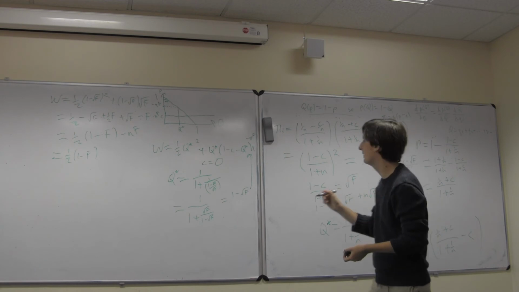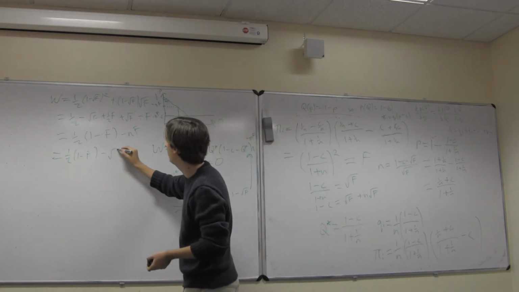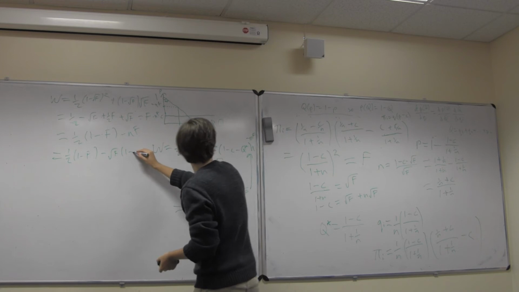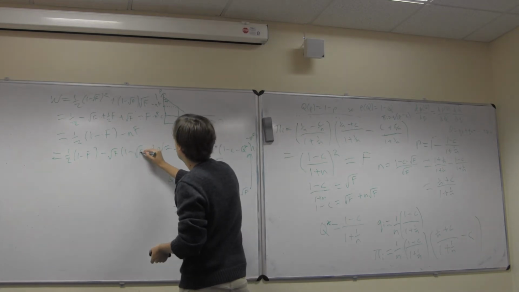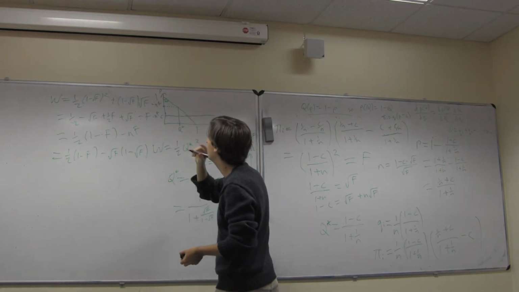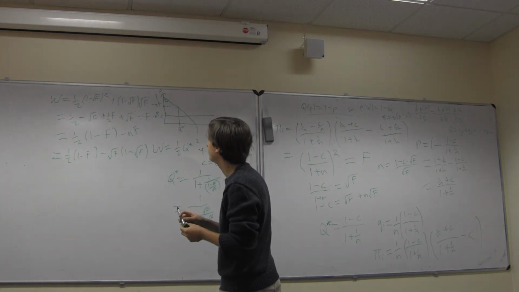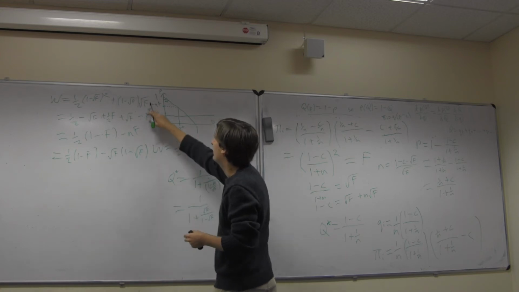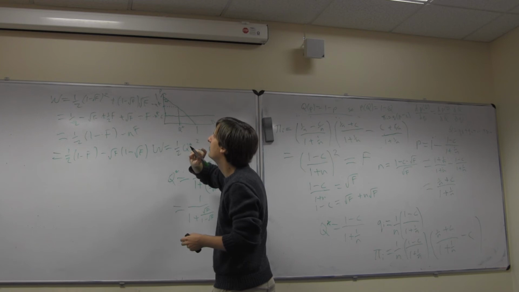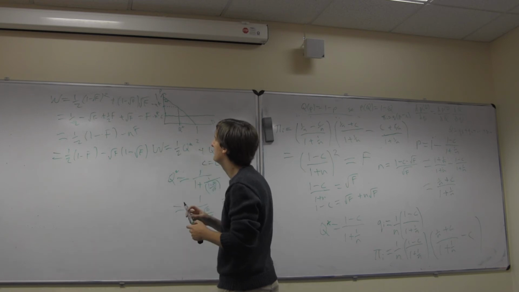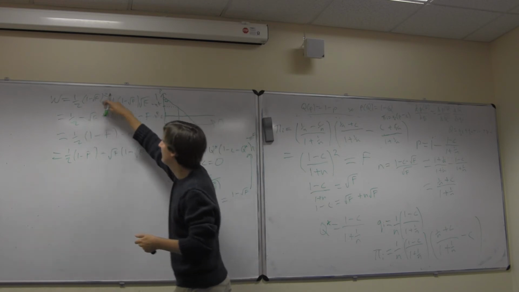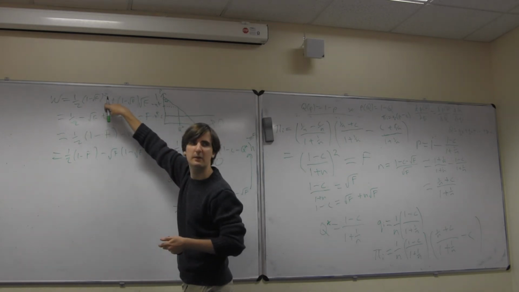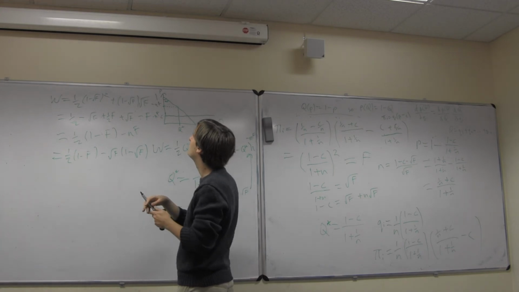So this is going to be minus root f times 1 minus root f. Sorry, that's what we had up there even. So it's just going to be this expression. If I'd done it right to start with, we would have saved ourselves some time.